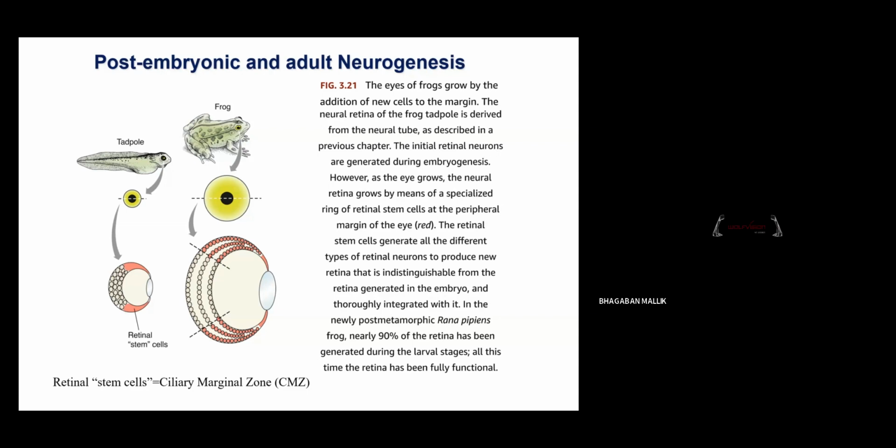But later people found that there are specific regions where neurogenesis happens in adults. In the human, there is a specific region, the dentate gyrus of the hippocampus, where neurogenesis has been shown. So in adults, neurogenesis happens. You can see that in the tadpole eye also, the eye is getting bigger because stem cell-like cells are present in this eye, which are dividing to form different subsets of neurons, the retinal neurons.